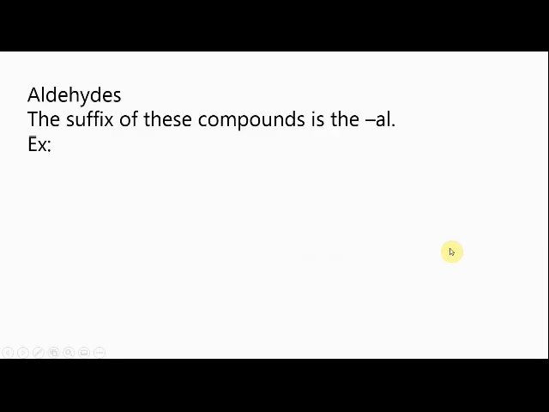Aldehydes, same idea, except this time, of course, the compound becomes an al. Remember, with aldehydes, the carbonyl group is always on the end of the chain. And so again, we start numbering here, 1, 2, 3, 4, 5. So this would be pentanal. This one here has an ethyl group on the 3rd carbon.